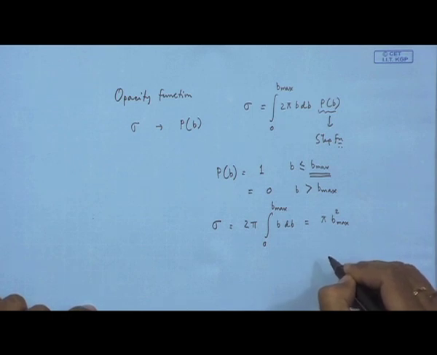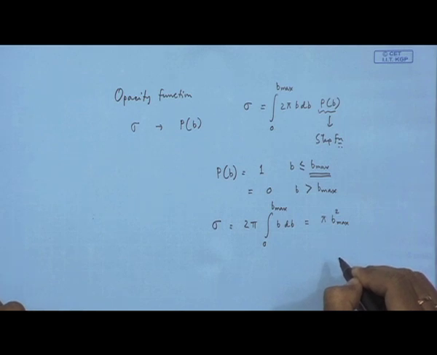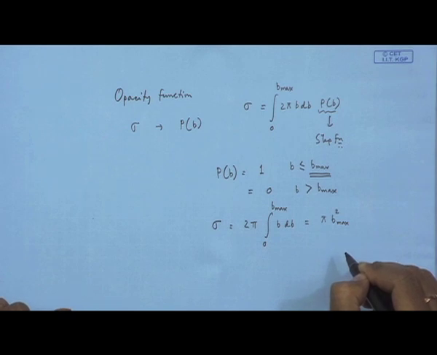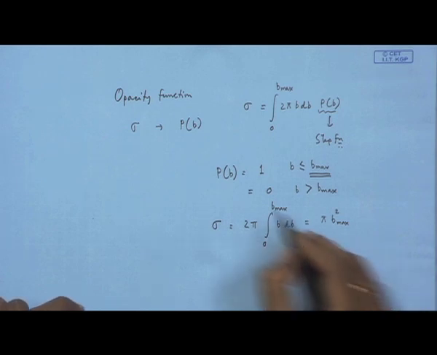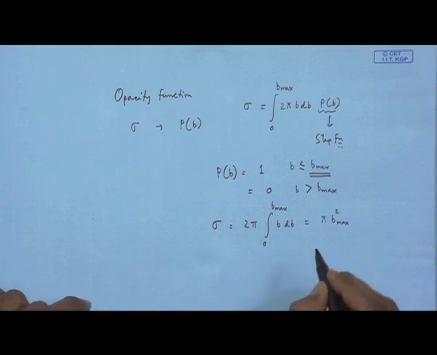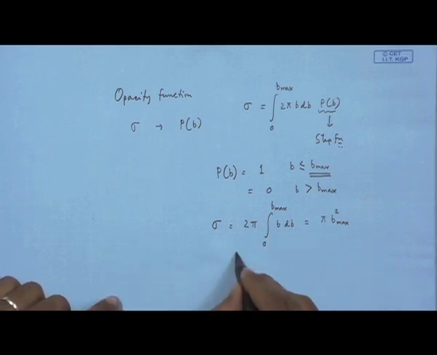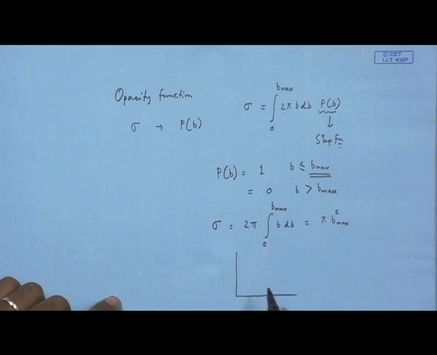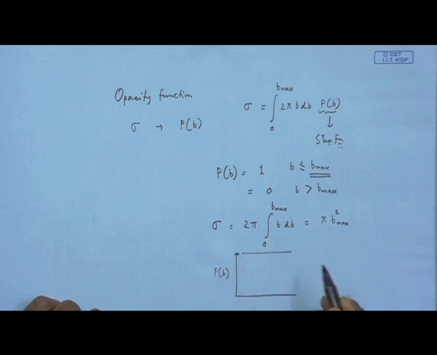So, pi into B square max. You can think of it this way. Pb is 1 for certain value, and its graphical representation is like this: it is 1, it remains this much, and this is your B max.